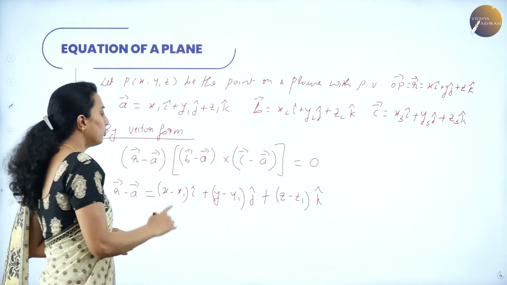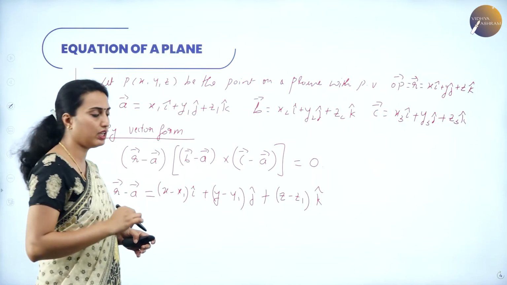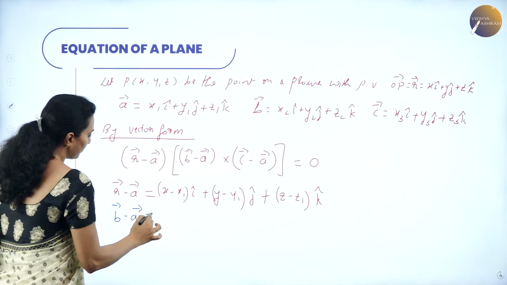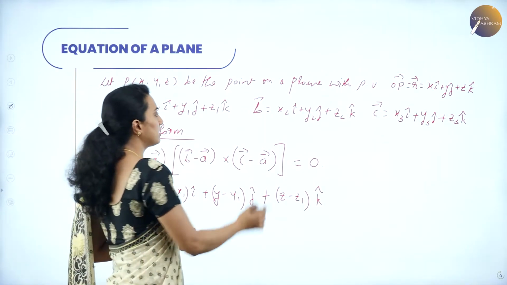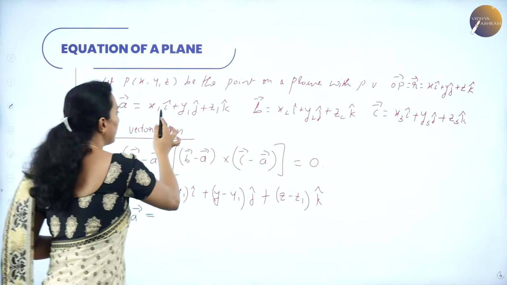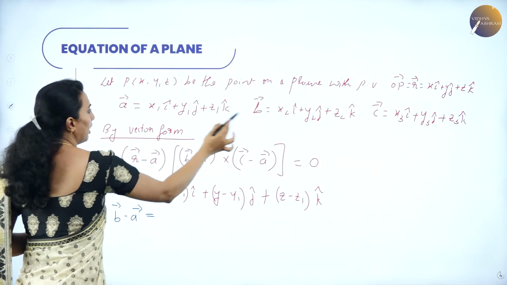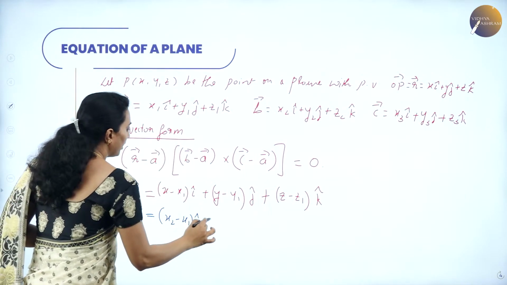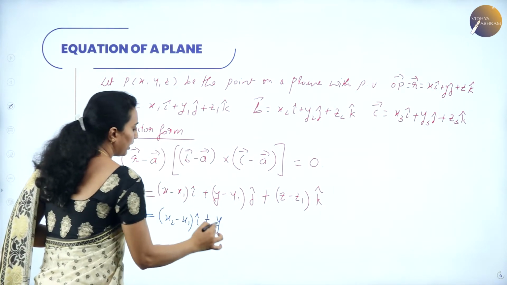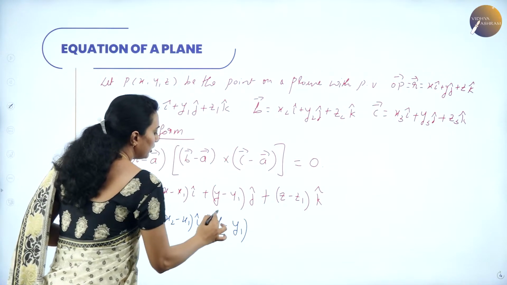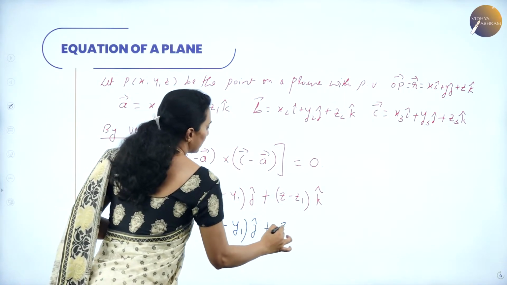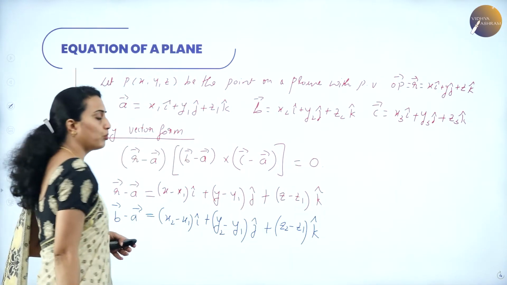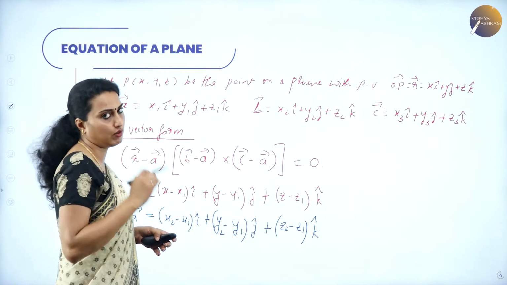Right? Similarly, what is B vector minus A vector? B vector minus A vector is x2 minus x1 into i plus y2 minus y1 into j plus z2 minus z1 into k.